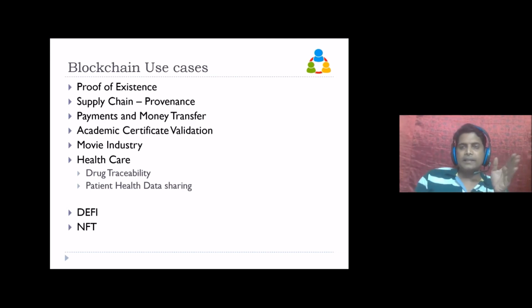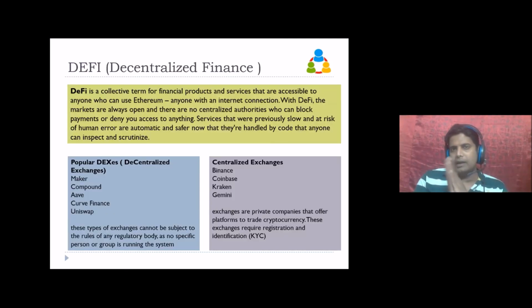Okay, then there is something called DeFi, and I'll talk about NFT. DeFi is decentralized finance. That is most popular in the current scenario. There are a lot of use cases wherein these decentralized exchanges are happening.